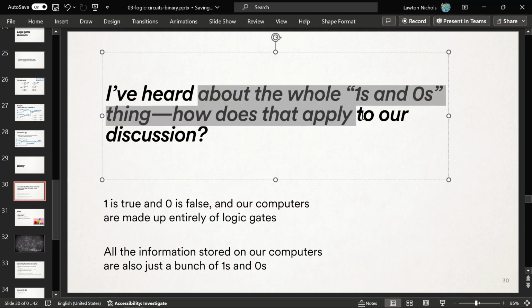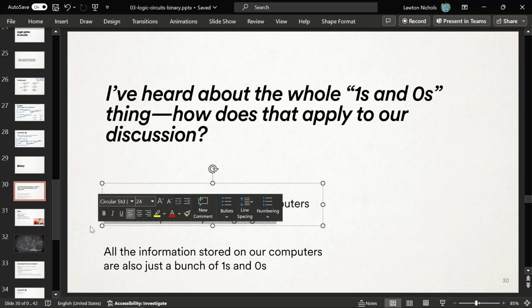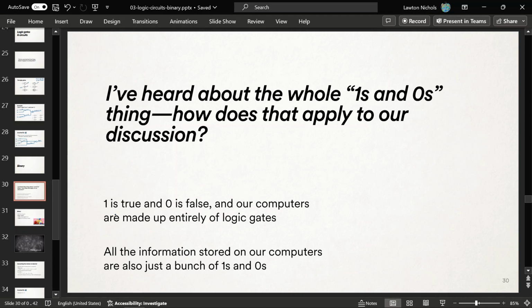I'll try to answer this. You've heard about the ones and zeros thing. I've been saying the phrase before. How does that apply to our discussion? So again, 1 is true, 0 is false. You can think about it like that. Inside of a computer, there's nothing but logic gates and a clock circuit secretly. So it's mostly logic gates. 1 is true and 0 is false.